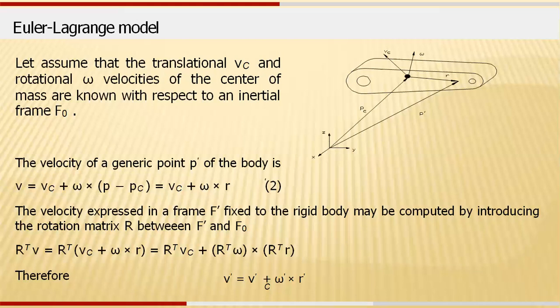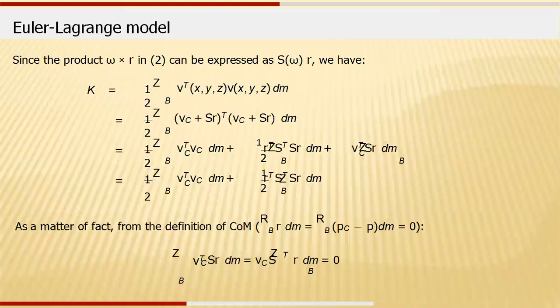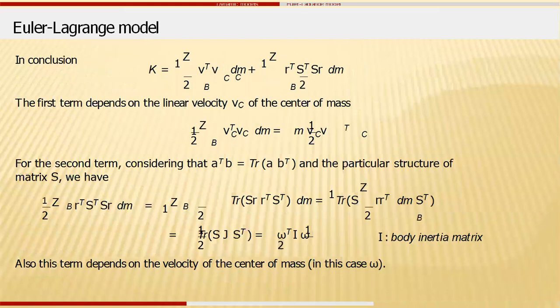Hence we have V dash equal to V dash of C plus, that is the translational velocity plus rotational velocities with respect to R. That's the Euler model of calculations. Thank you. We'll proceed in the next class.